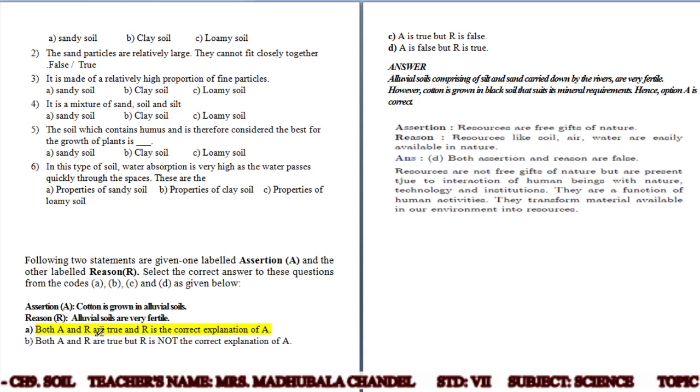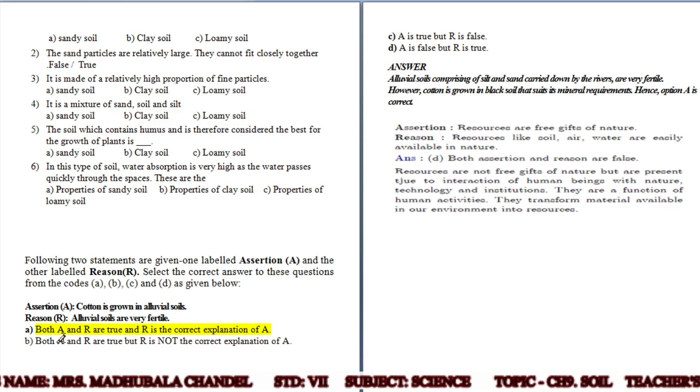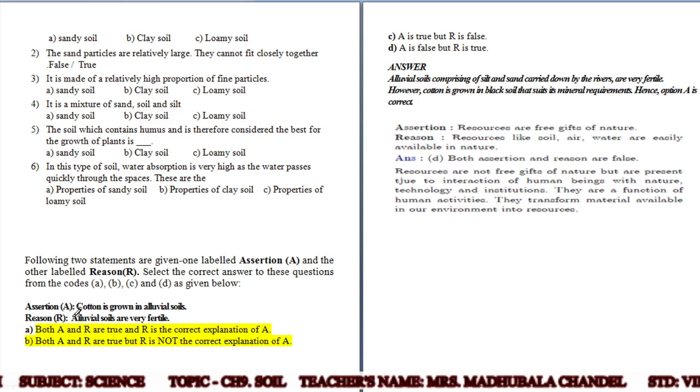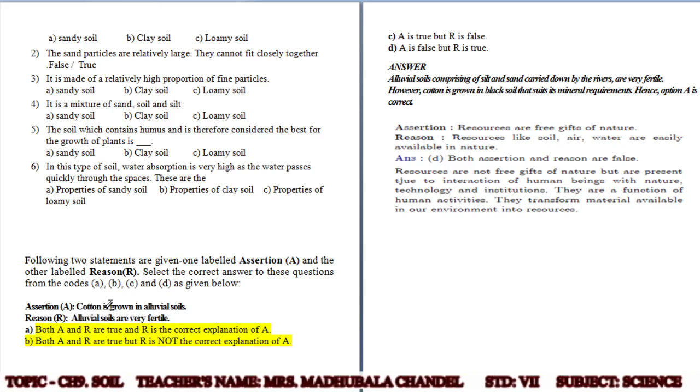So you have to think about these 2 statements. The second option is both A and R are true, but R is not the correct explanation of A. It means the statements are true, but R cannot be said to be a correct reason for the assertion.